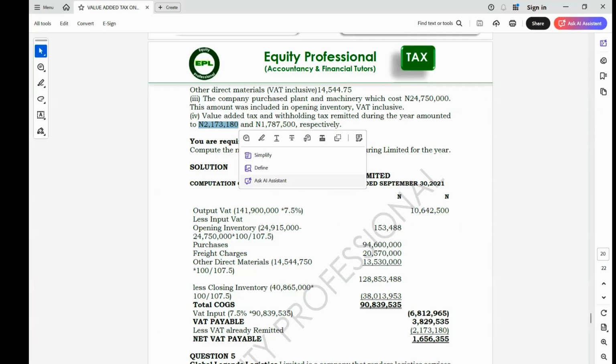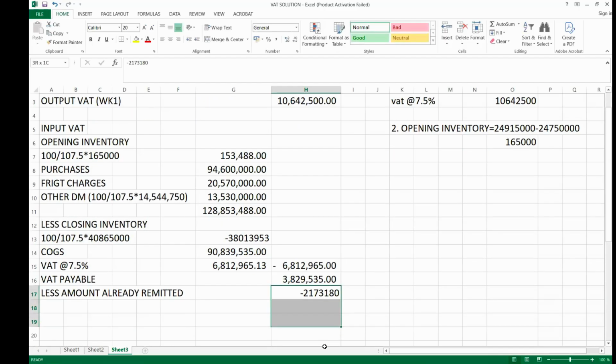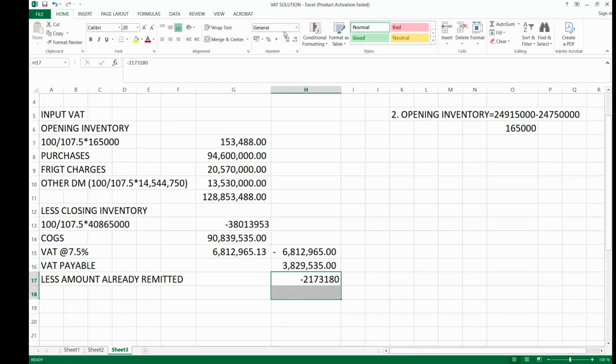So less VAT remitted, 2,173,180. The resulting figure will now give you what is called net VAT payable, which is this minus this.